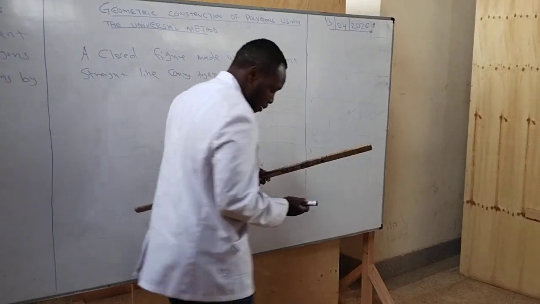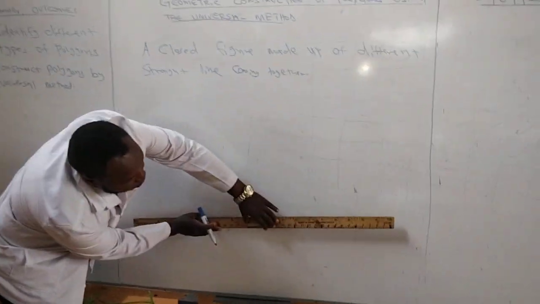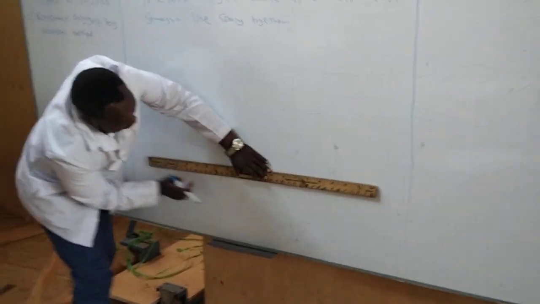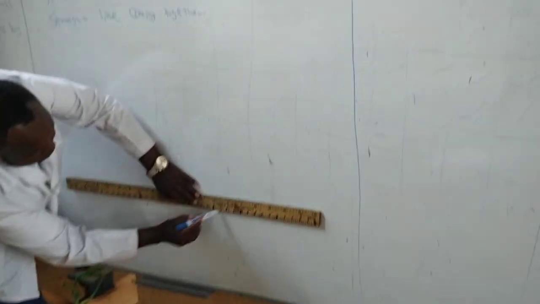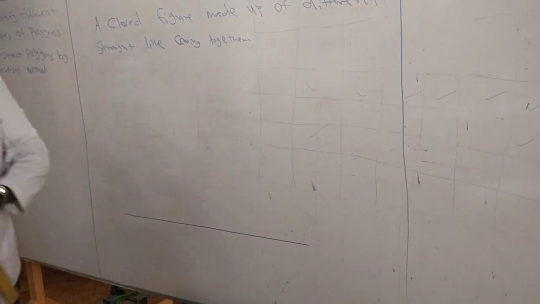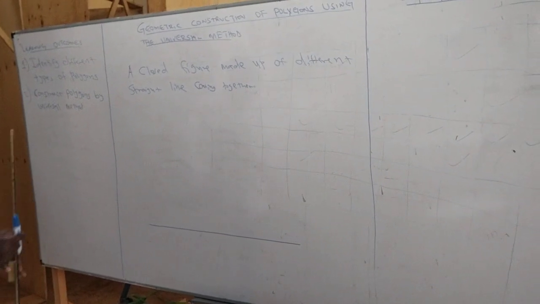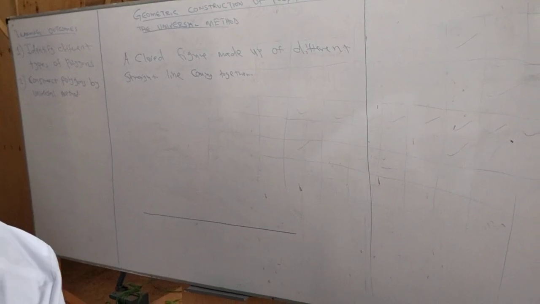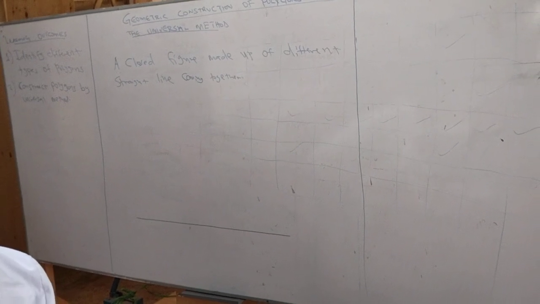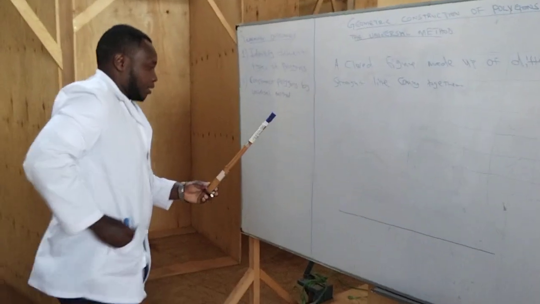So step number 1, you construct a horizontal line of any length. After constructing, mark a point.